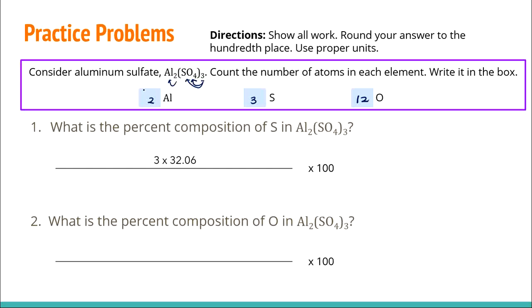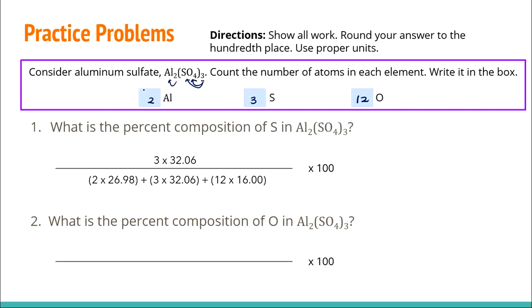And then on the bottom, remember that you have to multiply the mass by the number of atoms for each element, and then you add them all up, just like we did in the previous video. So 2 times aluminum, 2 times 26.98, plus 3 sulfur, so 3 times 32.06, plus 12 oxygens, so 12 times 16.